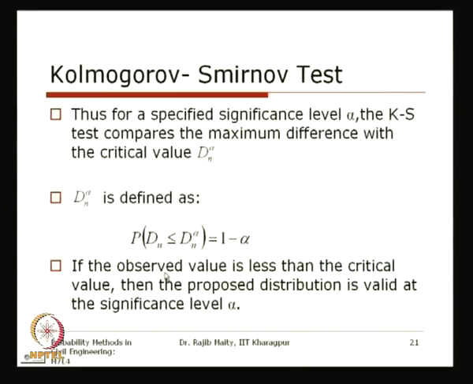If the observed value is less than the critical value, then the proposed distribution is valid at the significance level alpha. So we have to check whether the observed Dn is less than or equal to the critical value, whether this probability equals 1 minus alpha or not.